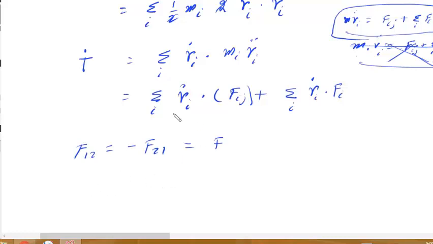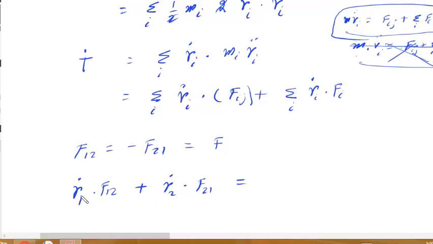Then we can write the equation, and here only this term. We simplify this term only: this is r dot 1 for particle 1, and the corresponding force is this, and then r dot 2 and the corresponding force is F_21.